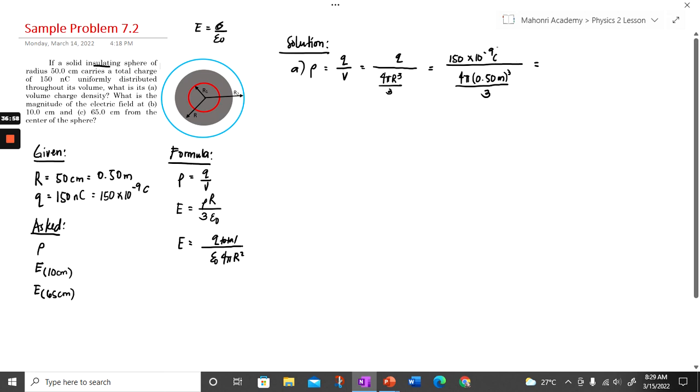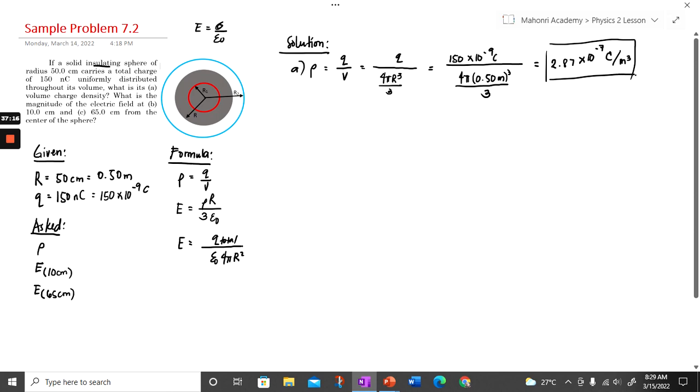And just plug everything into your calculator. You would get that the charge density is equal to 2.87 times 10 raised to negative 7, and this should be coulombs per meter cubed.